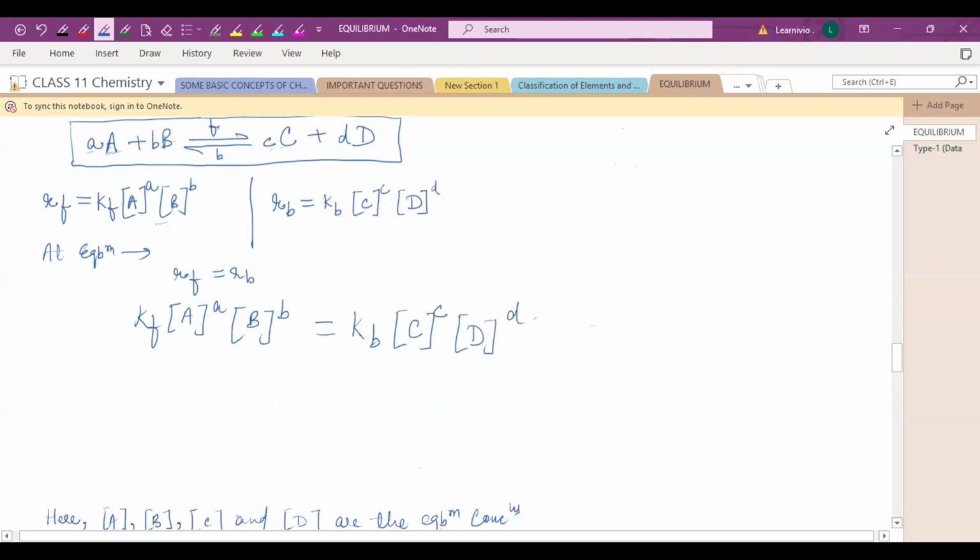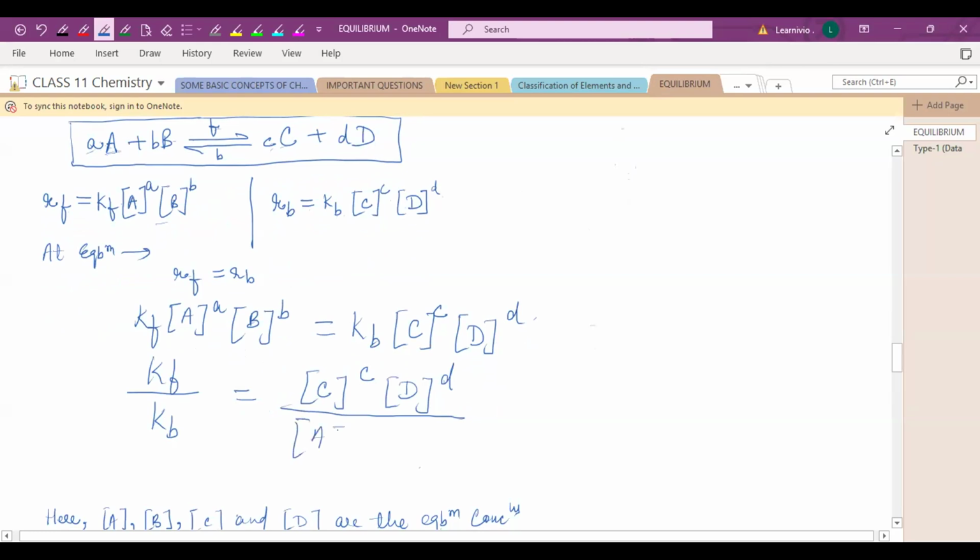so let's take this here. Kf divided by Kb will be equal to concentration of C raised to the power c multiplied by the concentration of D raised to the power d, just take this here on the right side of this equals.